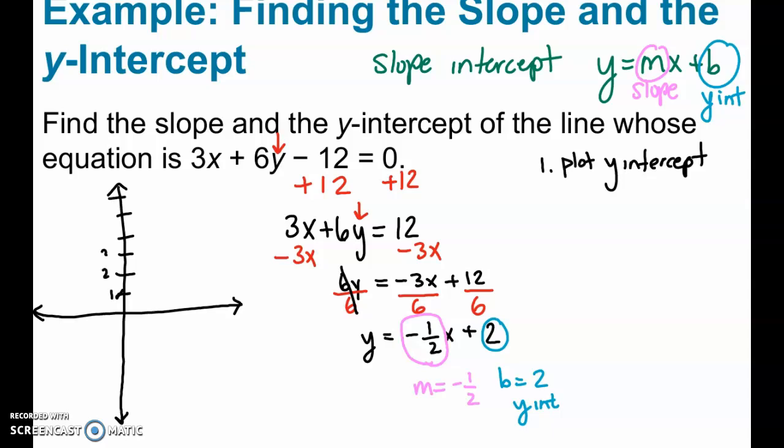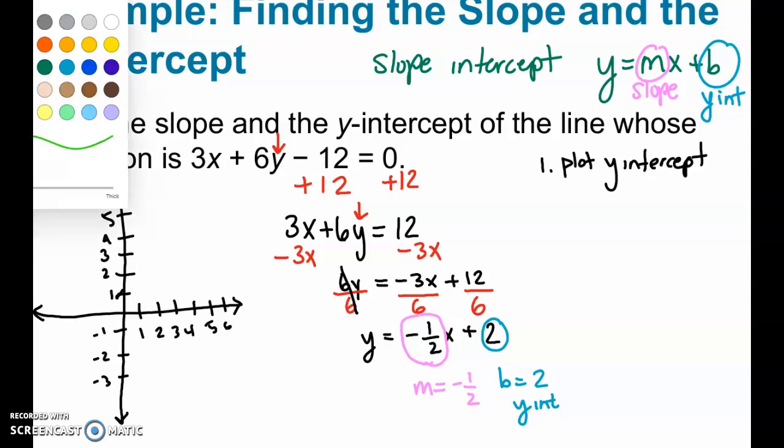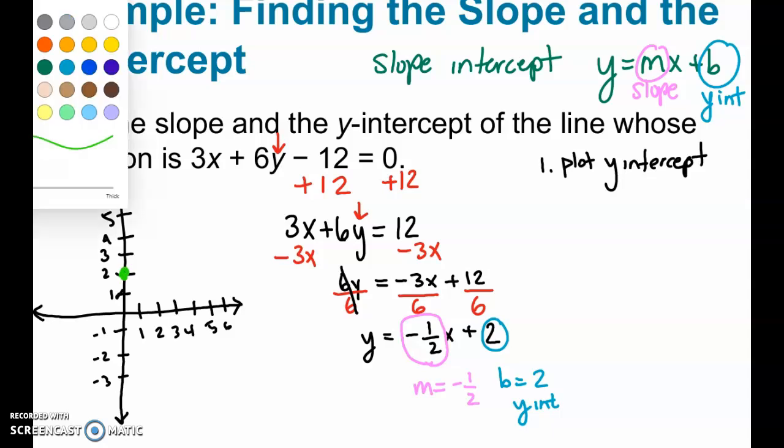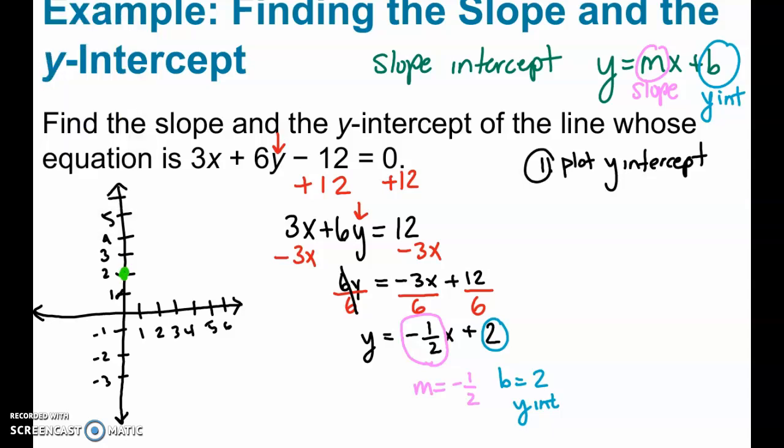So 1, 2, 3, 4, 5. So I will plot that first. And then from that, I'm going to use the slope to find the next point.